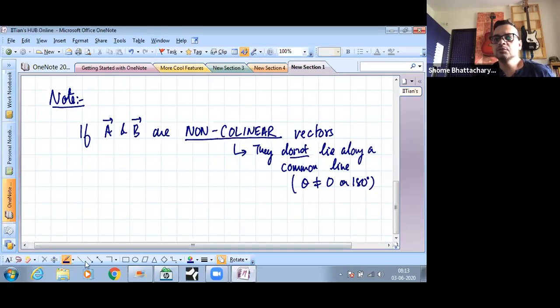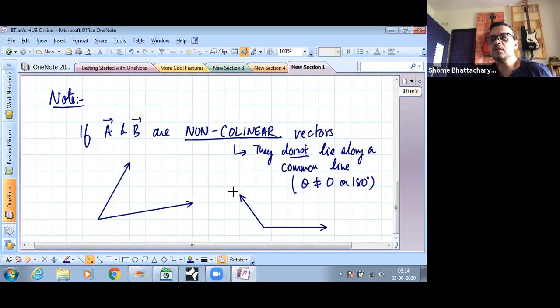So anytime we are talking about two arrows which are either making an acute angle, or they are making an obtuse angle, but the angle is neither 0 nor 180 degrees. This is an example of an acute angle, less than 90 degrees. This is an example of an obtuse angle, but they are not lying along the same line.